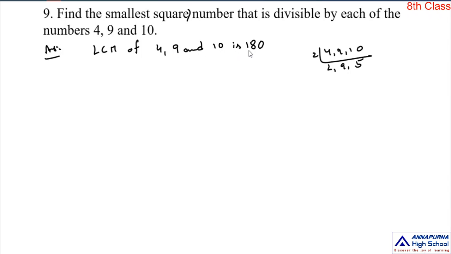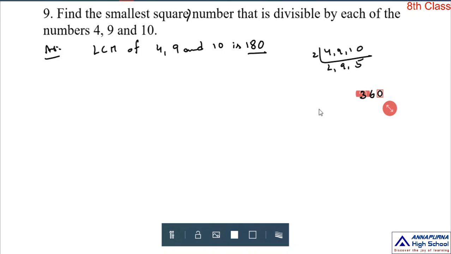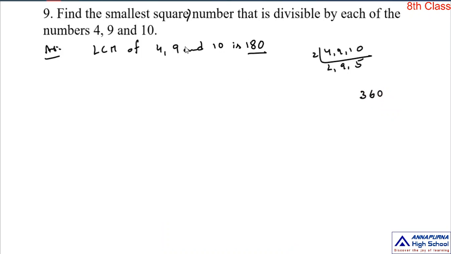When you find the multiples of 180, the second multiple is 360. It is also divisible by 4, 9 and 10. And what is the third multiple? It's 540. This is also divisible by 4, 9 and 10. Is it clear? That means the multiples of the LCM of a group of numbers are also divisible by that group of numbers.